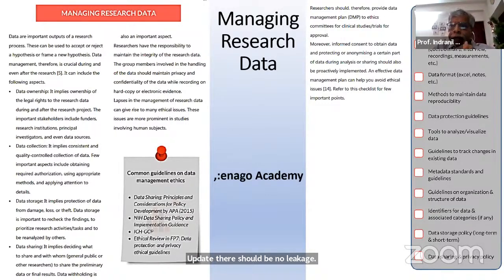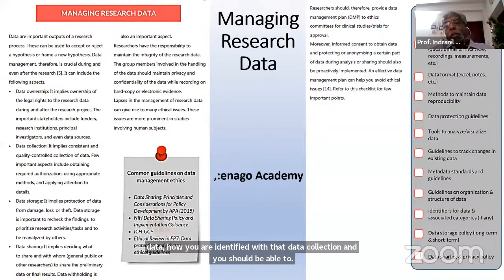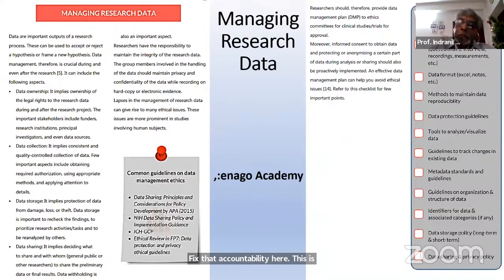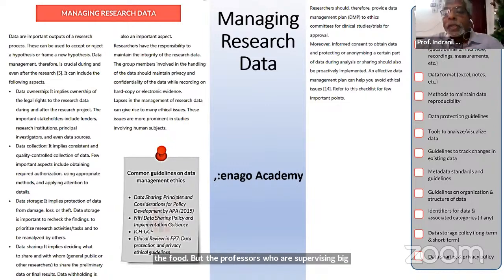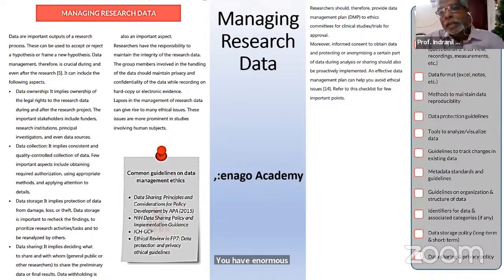You should maintain continuous checklists on how you are collecting data, how you are identifying the data collection, and you should be able to fix accountability here. This is particularly true for the professors who are supervising big research projects. They have enormous ethical responsibility to fix accountability in this data process.